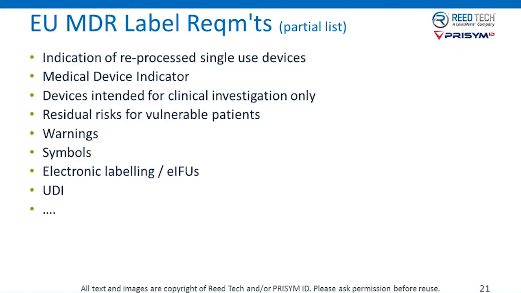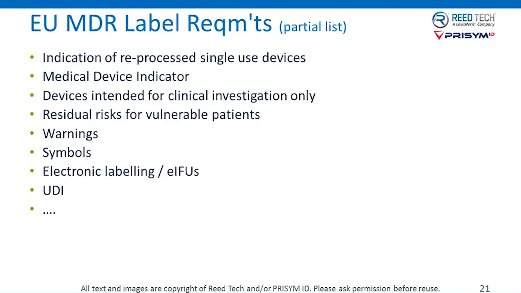So a couple to highlight here: a medical device indicator, being able to indicate whether it's a single-use, reprocessed single-use device, and so on. Chris, if you want to take a second and just jump in here and mention any of these that you see are significant and might be noteworthy for the audience.